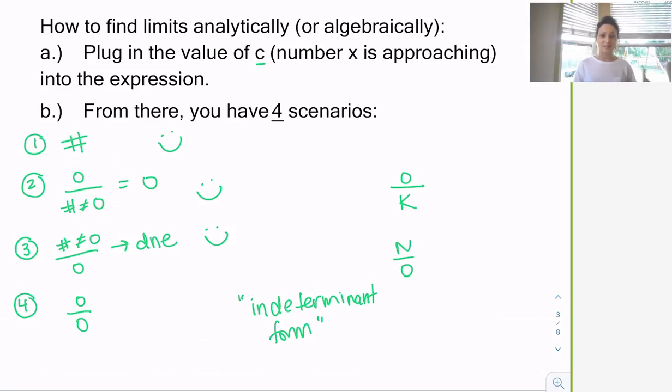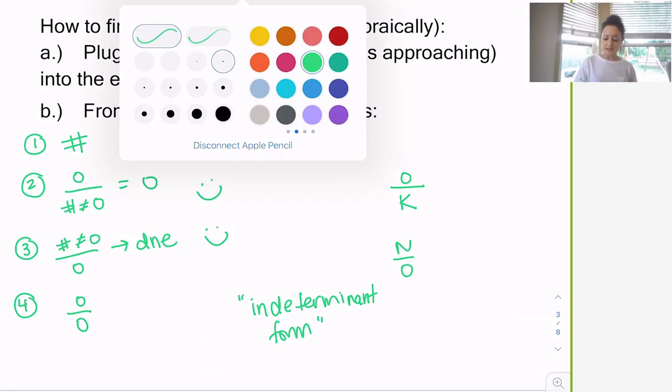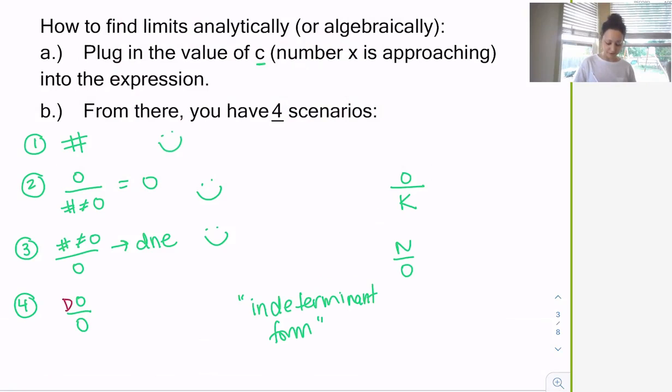Is it 1 because it's something over itself? Is it 0 because I have 0 in the numerator? Is it undefined because I have 0 in the denominator? It's not yet determined, right? So for these, do you remember we have to do more work, okay, to figure these out. Okay, so let's take a look at some of these scenarios, all right?